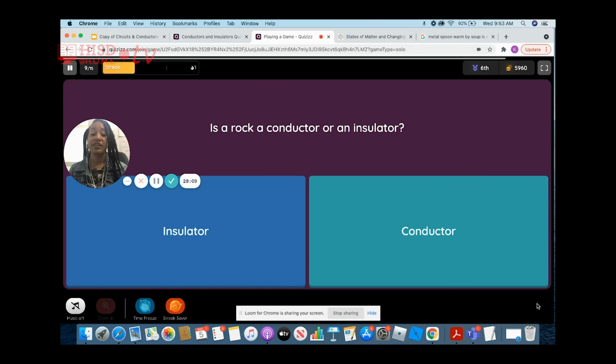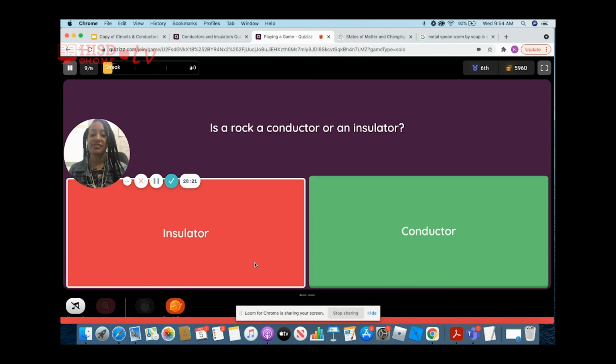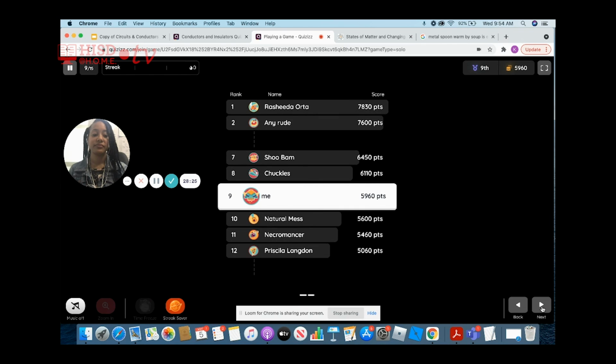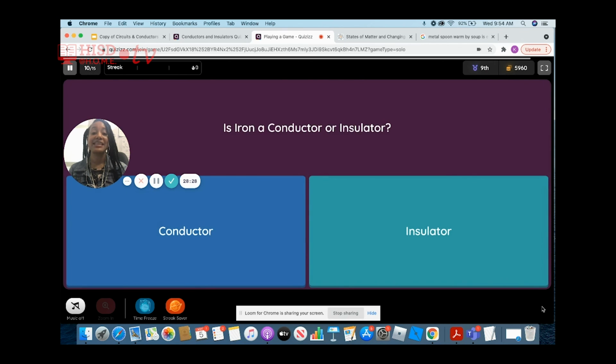Is rock a conductor or is rock an insulator? Exactly. If we're speaking of rocks that we see outside, those are all going to be insulators. Is iron a conductor or is iron an insulator?